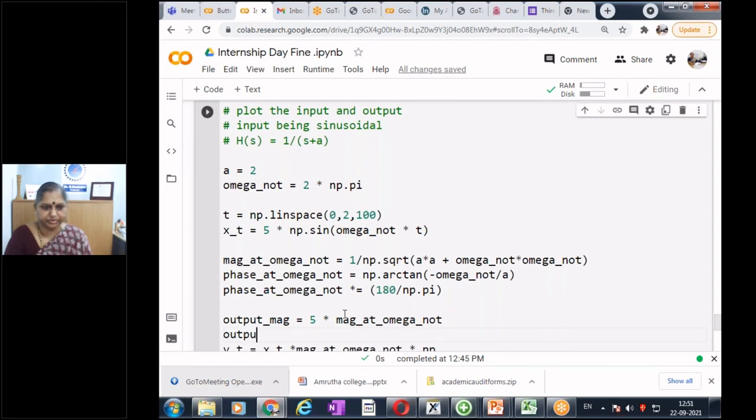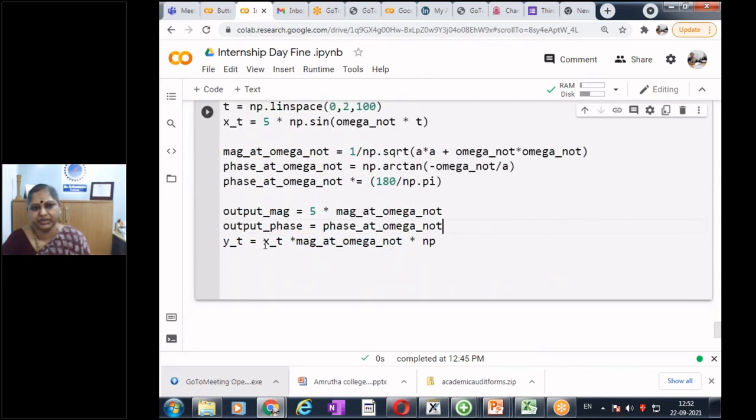And how about the output phase? Output phase will be this much. And finally, what is my output? Y of t is going to be my output magnitude multiplied by np dot sine omega naught t, what is my input signal.